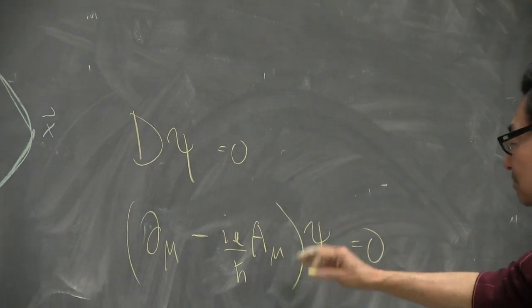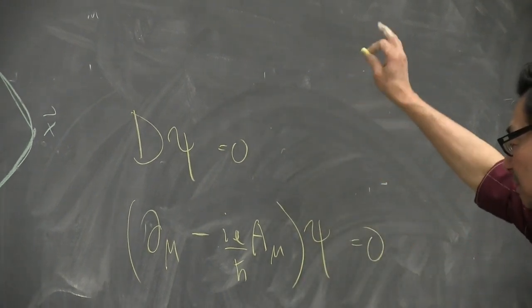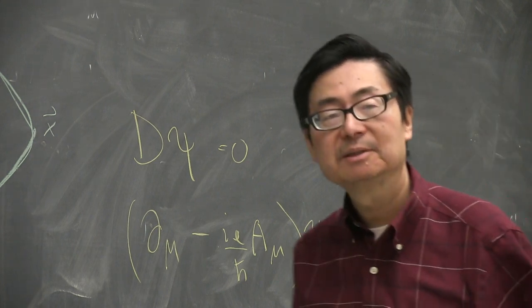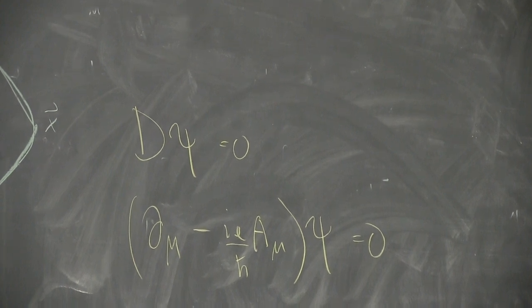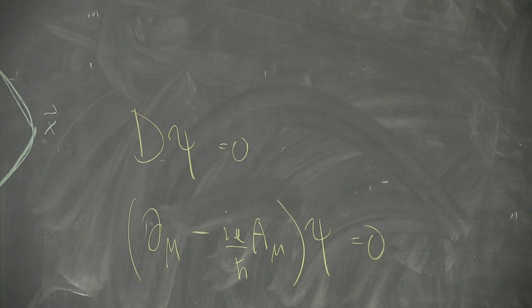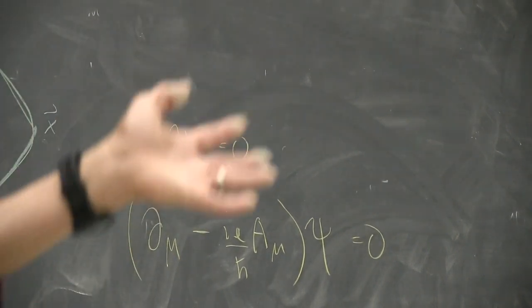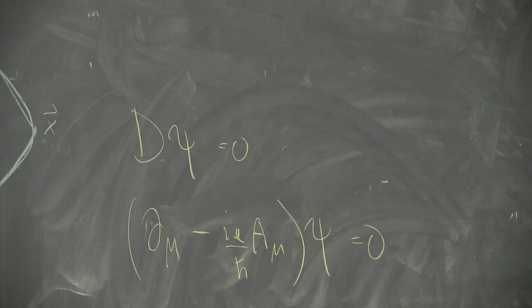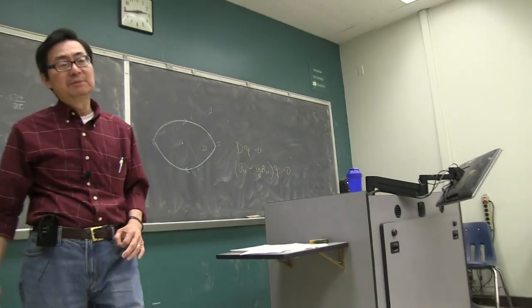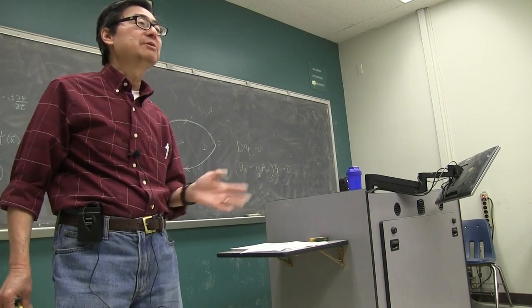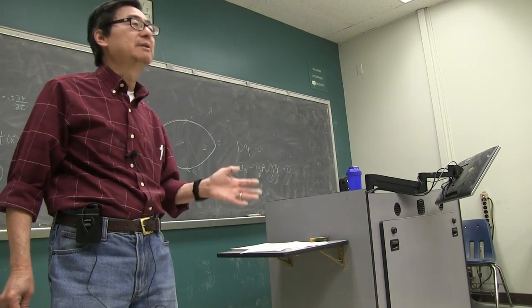Psi is equal to some psi naught times e to the plus or minus i e over h bar times the integral of A dot dl. So this form of the solution is in fact the solution produced by the parallel translation of psi. When you parallelly translate psi, you automatically produce the solution for the Schrödinger equation in the presence of a gauge potential. That's another reason why the parallel translation is important in this case.